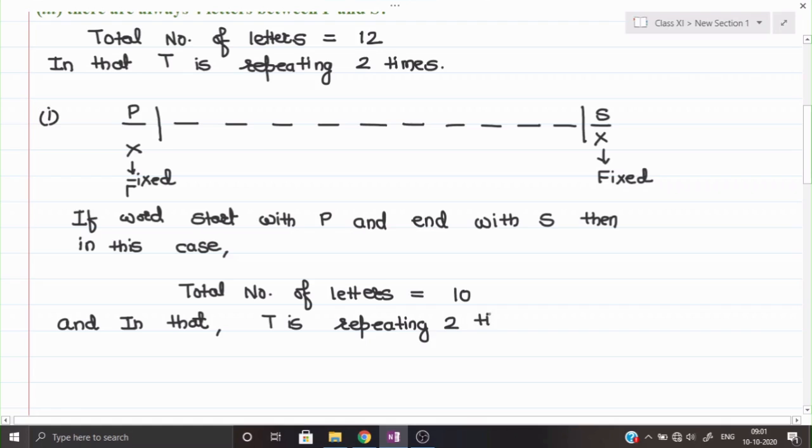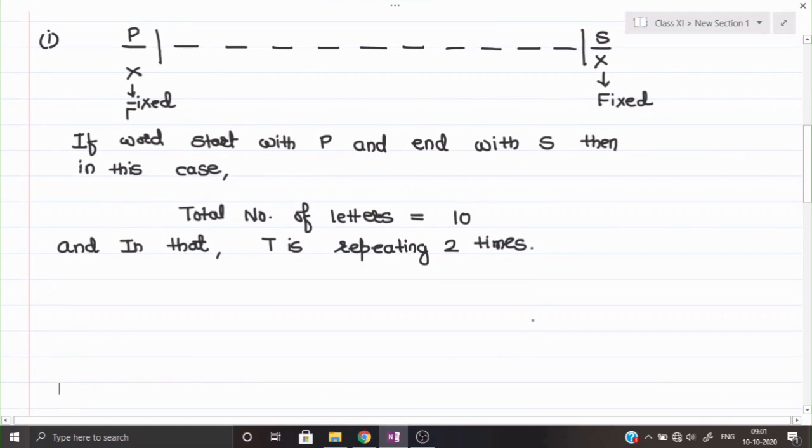Okay, so now we can find the total number of words as per condition 1. So the total number of words, again the formula nPr can't be used here. We are going to use the formula factorial n upon factorial p into factorial q into factorial r.